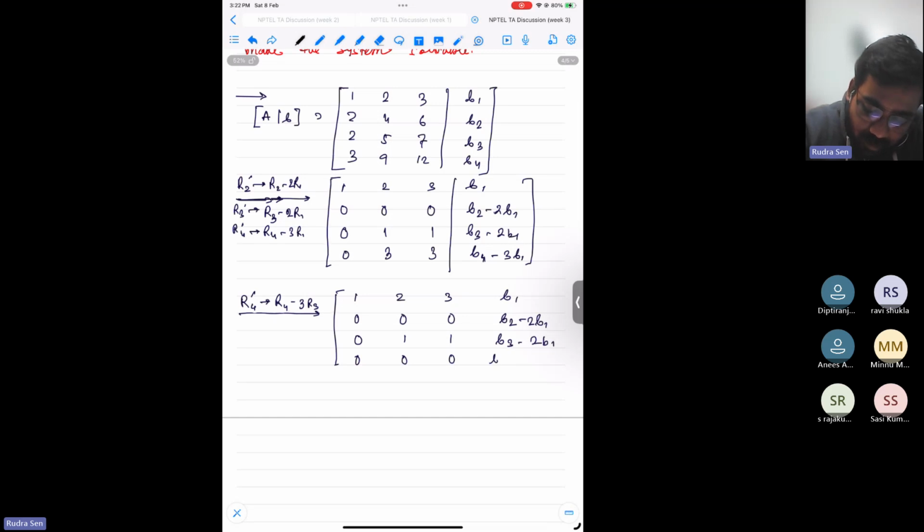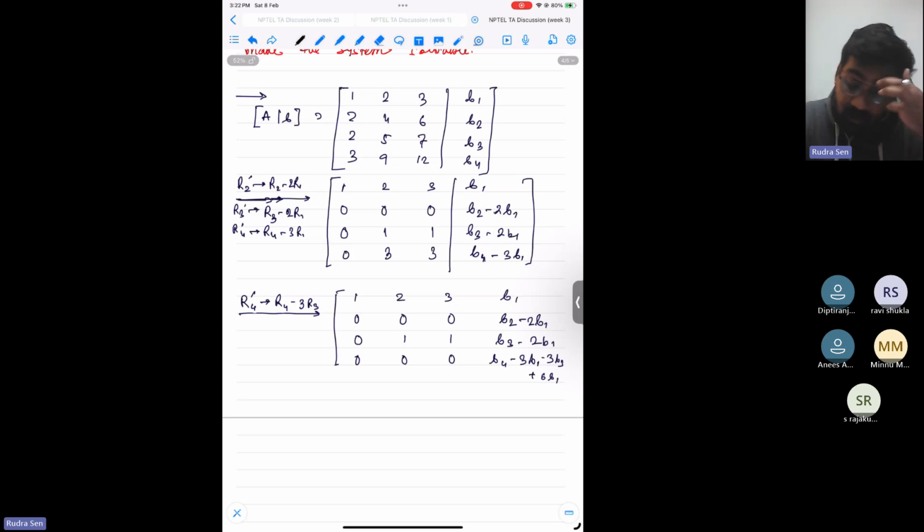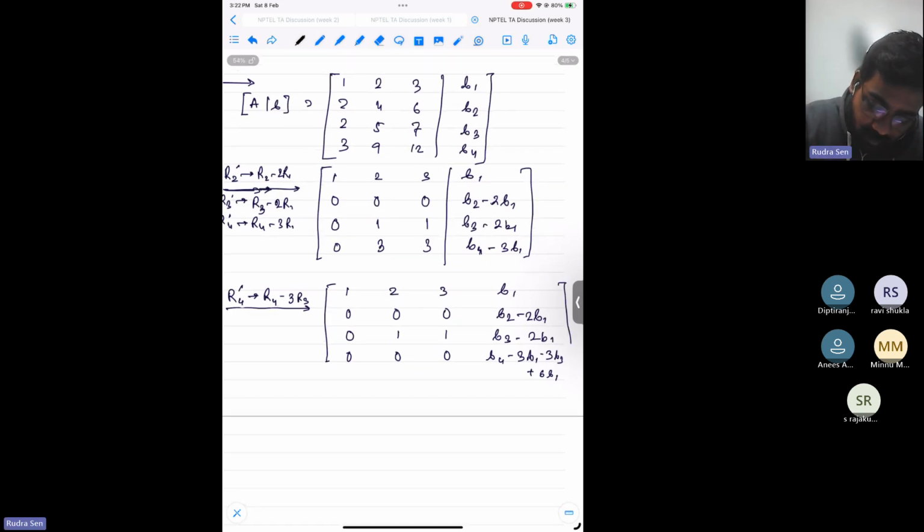So what do we get? b4 minus 3b1, multiplied with 3 R3, so 3b3 plus 6b1, right? I hope I did the right thing. Please check this last calculation, if anything is wrong over here or not.